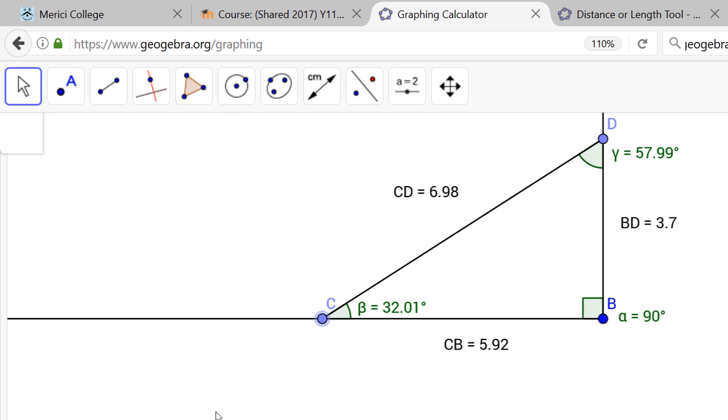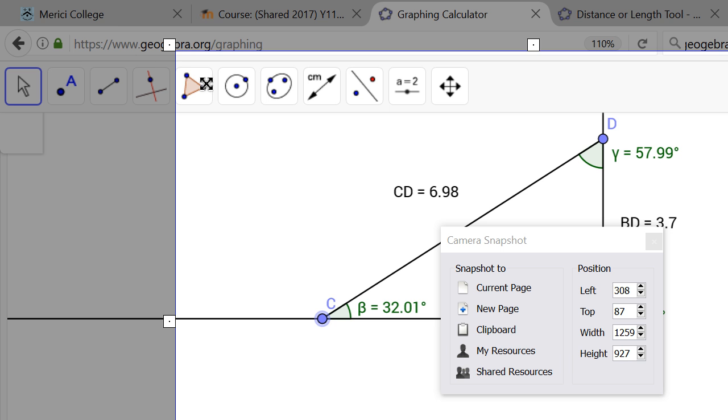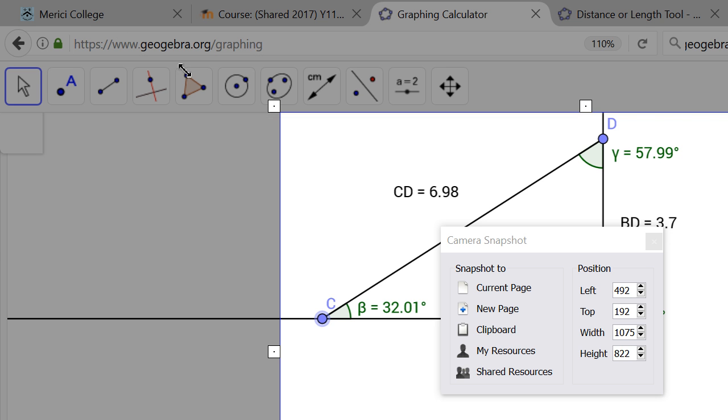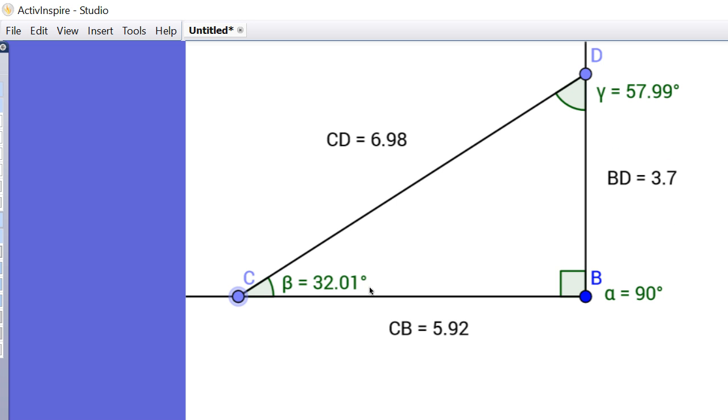What I'm going to do is take a photo of that 32 degrees using the desktop tools. Okay, to the current page. So when we look at this triangle, I've just taken a photo of this angle here being 32 degrees.